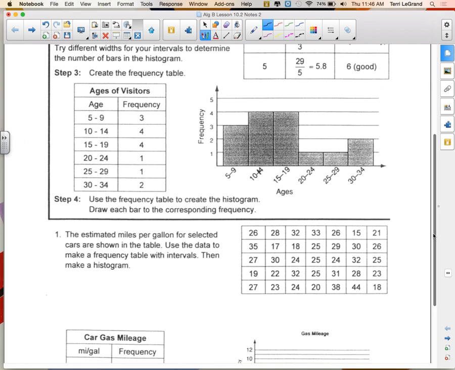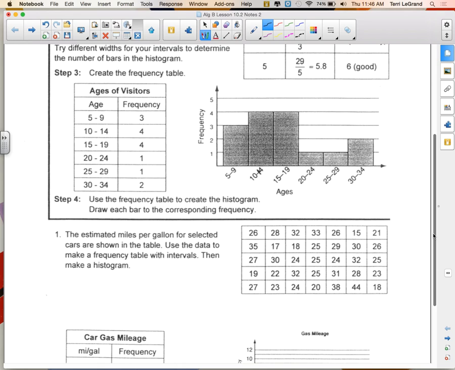Okay, what would the next interval start at then? 10. 10, 11, 12, 13? 14. That one would have to end at 14. Where would the next one start? 15. And where would it end? 19. Notice, it looks like it's only going up by 4. But there's really actually 5 in there, isn't there? Okay. So all of those things are important, that we know how to set up those intervals.